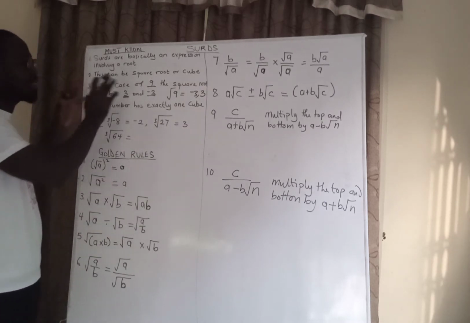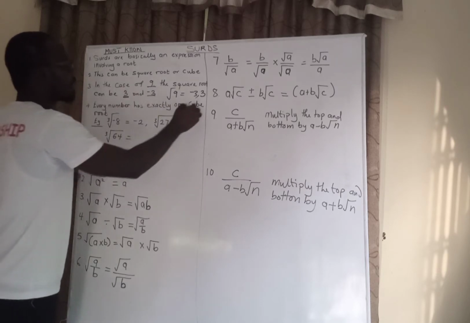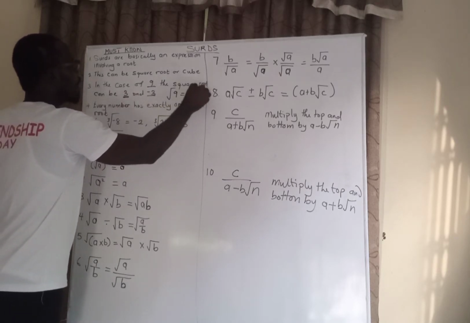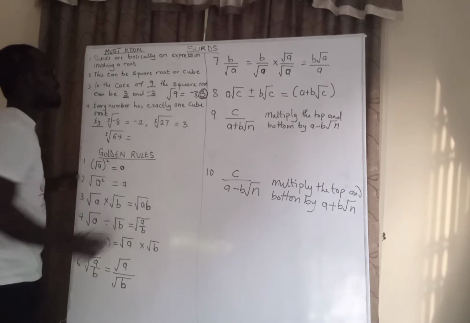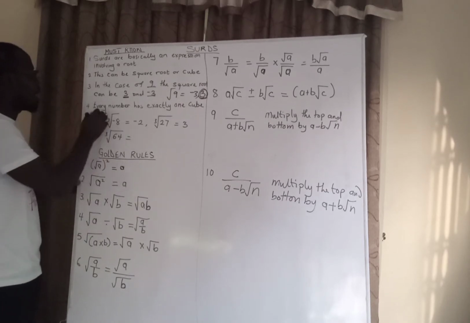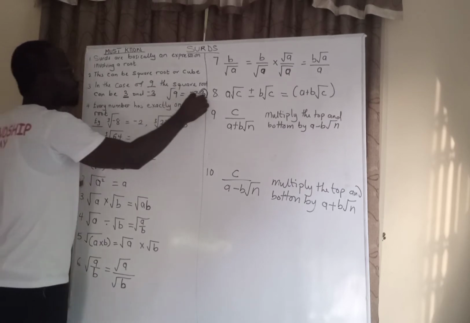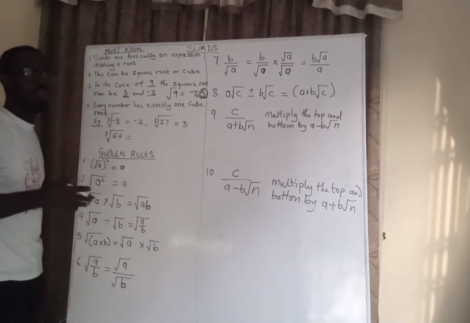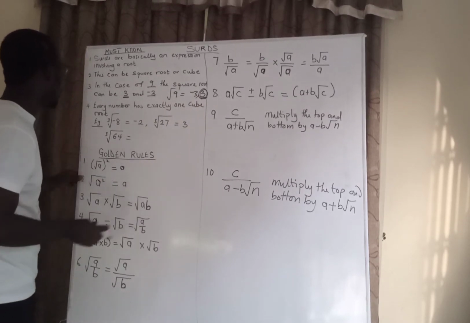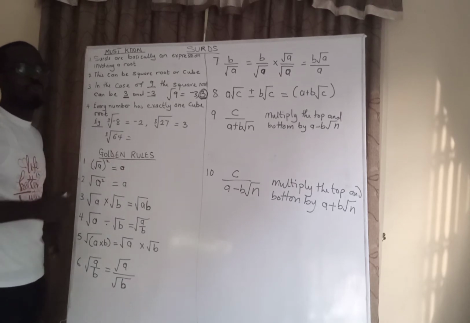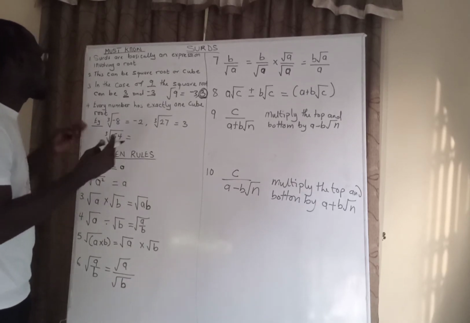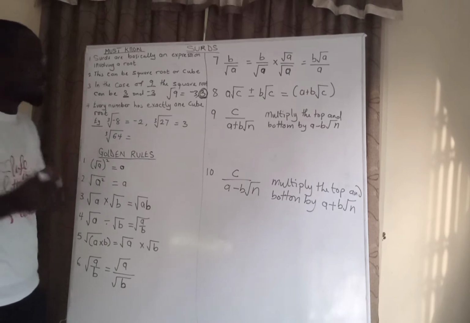But in this particular context, the emphasis is on 3. We are looking at the +3 and not the -3. So let's look at some examples of the basic surds that we can encounter.